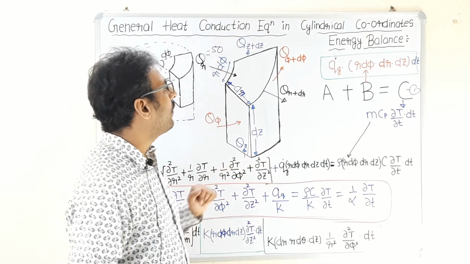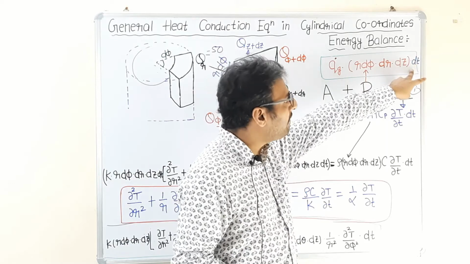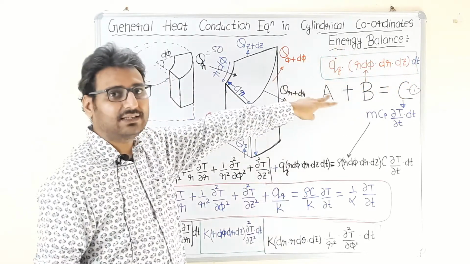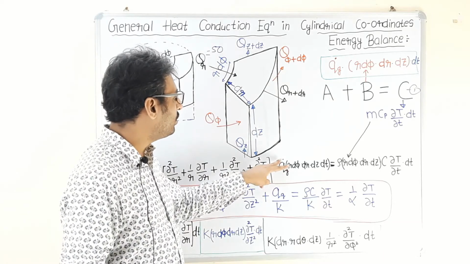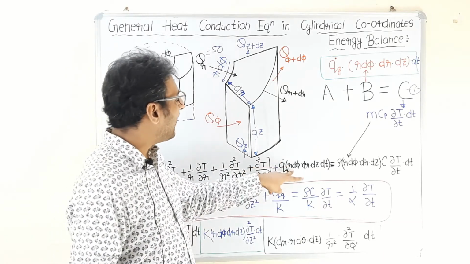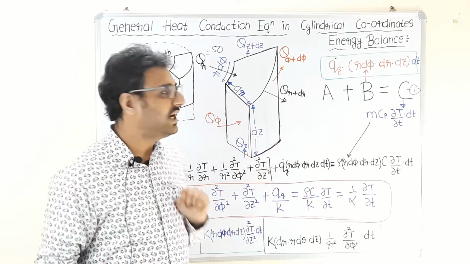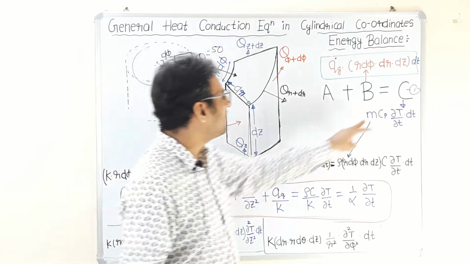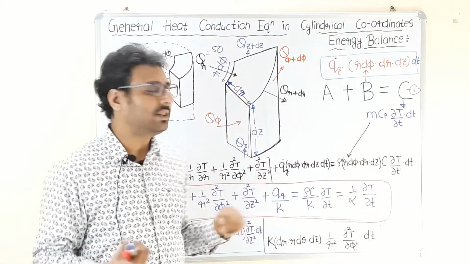So when we multiply this with the volume and the time interval, we will get the total amount of heat generated. So q̇_G multiplied by the volume and the time interval will give the total amount of heat generated within this element, and this is showing the total heat content or the total heat stored in the element.